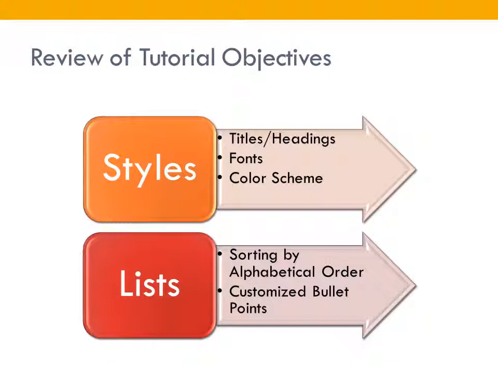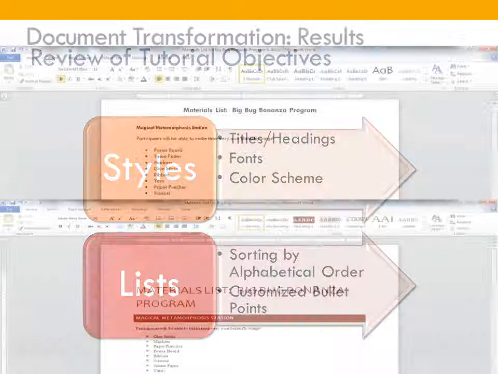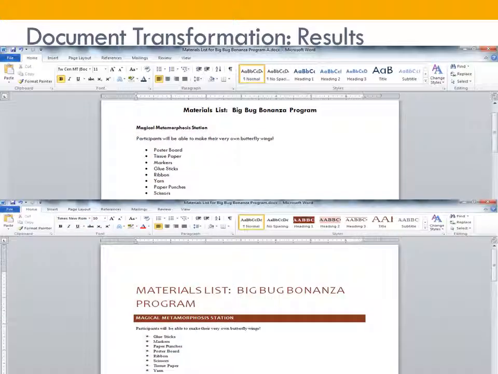Using the various options within the Style area of the Home tab to create polished lists through customization of titles, headings, fonts, and color schemes, and customizing lists through sorting by alphabetical order and determining bullet points to be used within the lists. At the beginning of this tutorial, I used an example of a document listing all of the different materials that would be needed for the Big Bug Bonanza program.